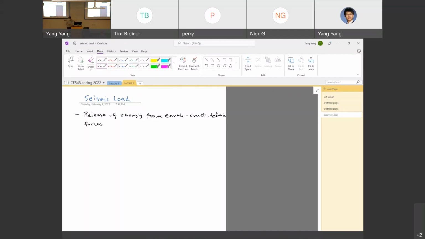If there are some fractures there, and the energy is released, that will induce the ground motion of the Earth. And that is the most severe load.